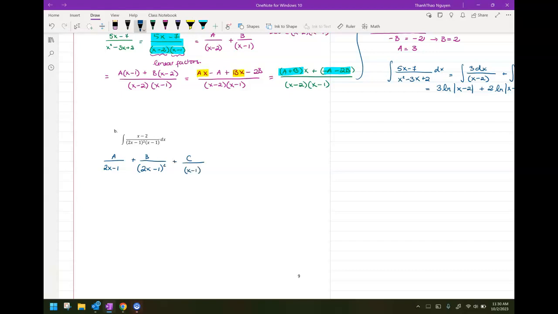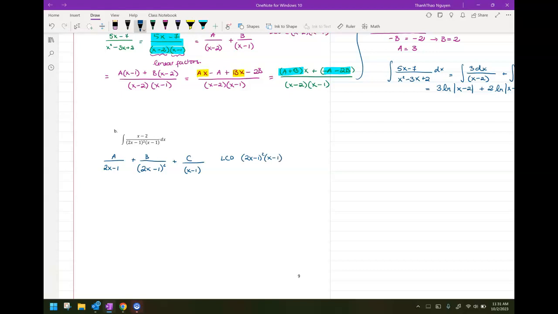Okay, so the next thing I do is I'm only concerned about what the numerator would look like, right? Because we are only actually working on matching the variable in the numerator. We know that the least common denominator in this case is 2x minus 1 squared times x minus 1.